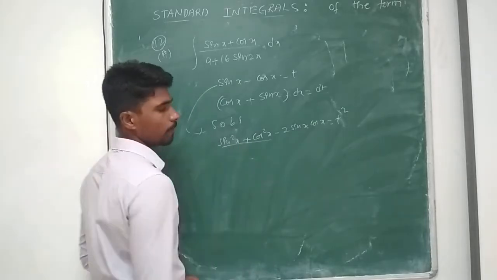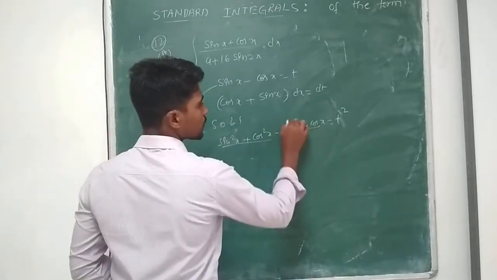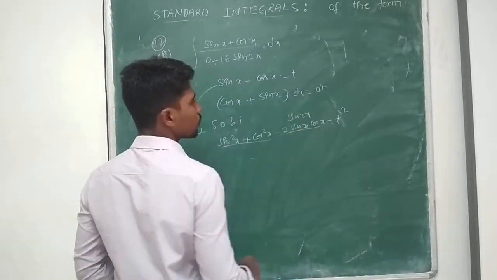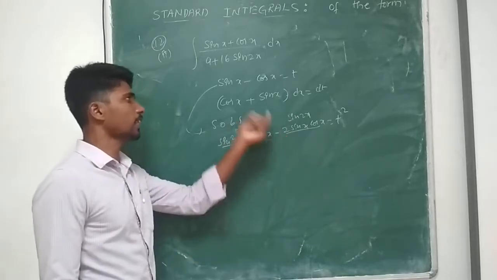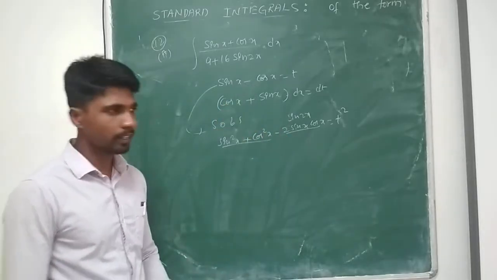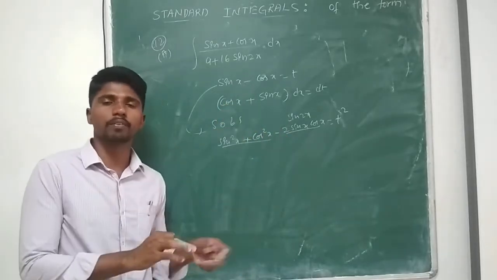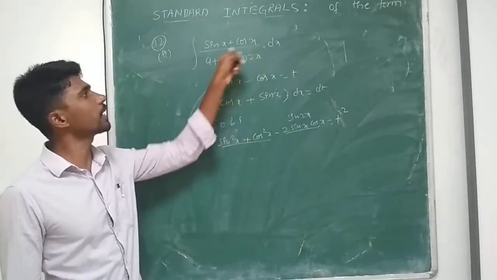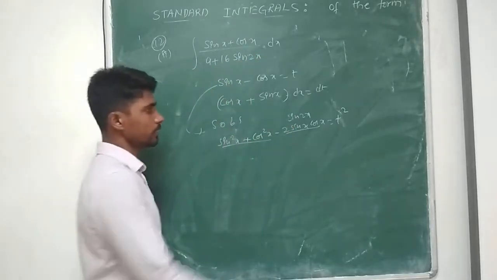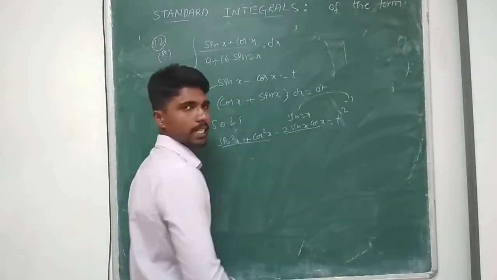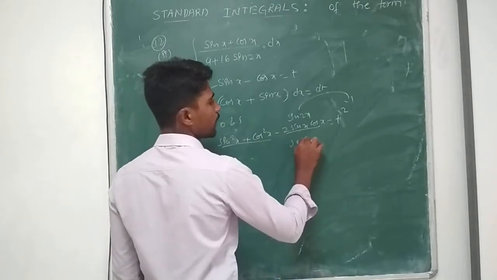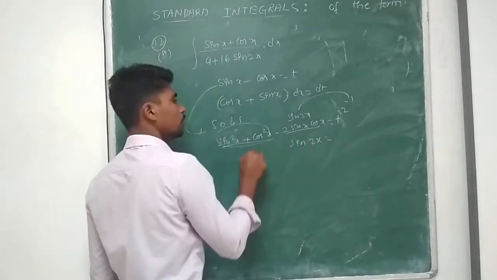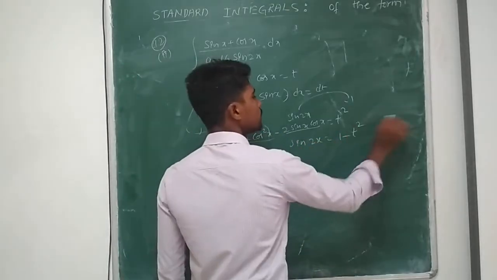But I know this is 1 and this is sin 2x. So I need sin 2x, that's the reason I did squaring. We may get confused: why are we doing squaring, why not cubing? We are doing squaring because I need sin 2x. So sin 2x, transferring to the right side, is equal to 1 minus t square.